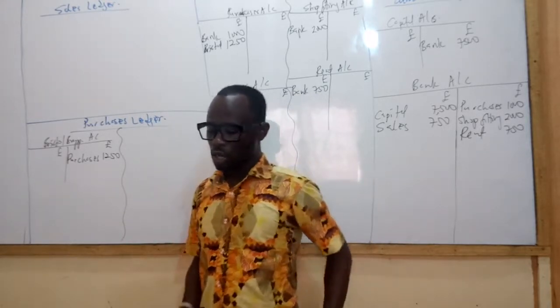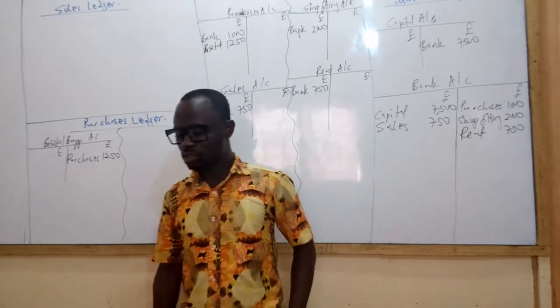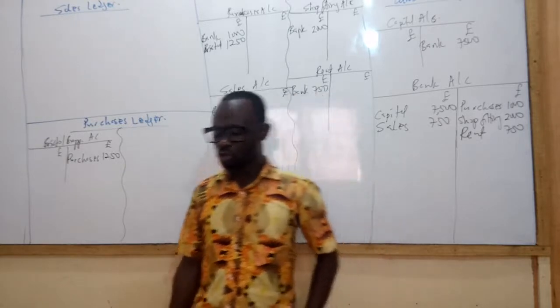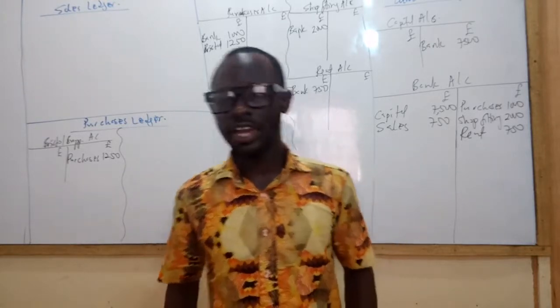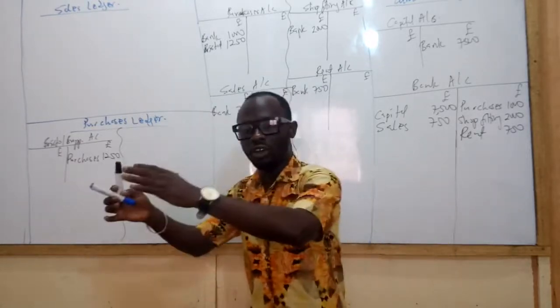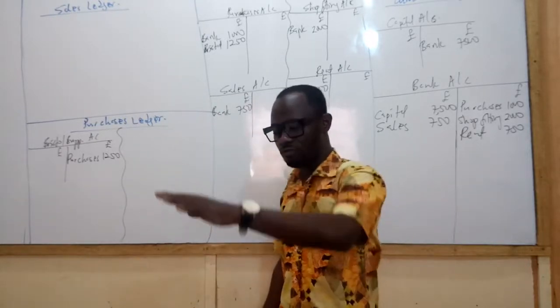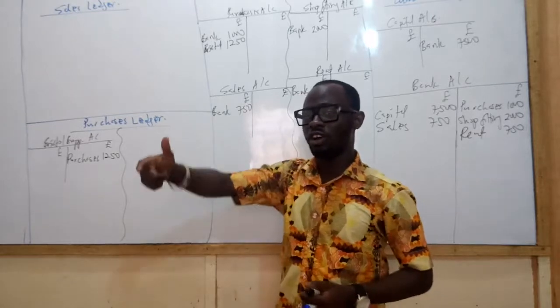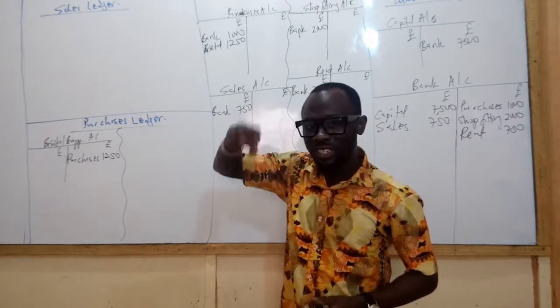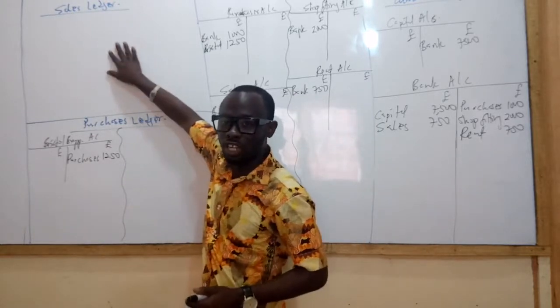Next one. May, sold goods £1,500 on credit to Gonado Giftware. So we are selling goods on credit to a company, Gonado Giftware. When we are selling on credit to somebody, the person becomes what? A debtor. And debtors' personal accounts are kept in the general ledger.